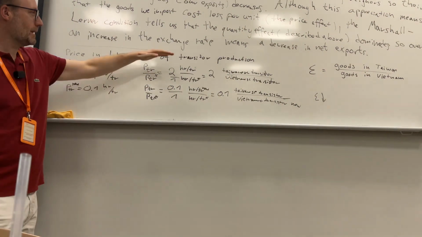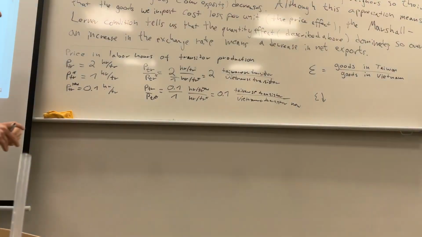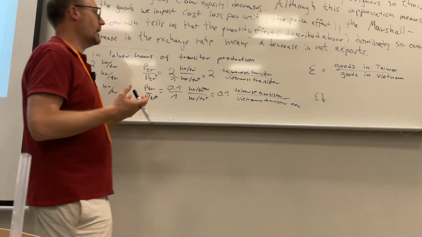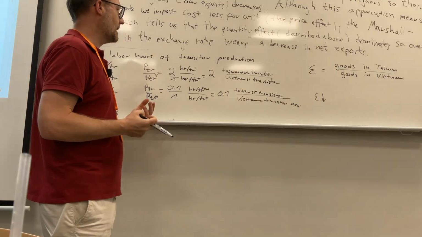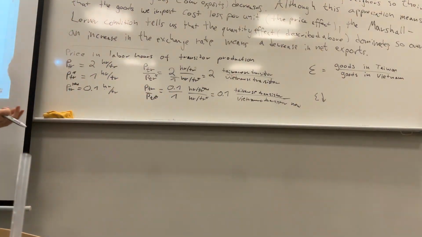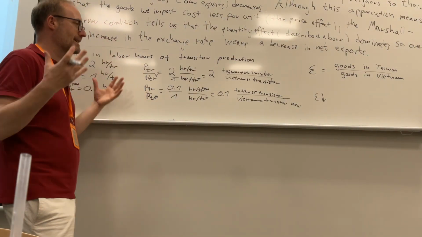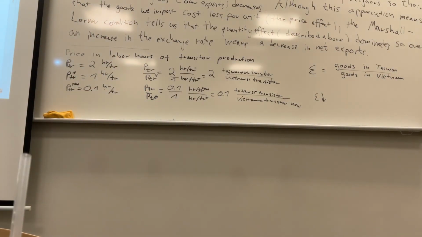Right, so this means we have a real depreciation, a decrease in the real exchange rate, which means that right now you have to give up less than 1 Vietnamese transistor. If you give up 1 Vietnamese transistor, the labor cost for 1 Taiwanese transistor is equal to the cost of 10 Vietnamese transistors.